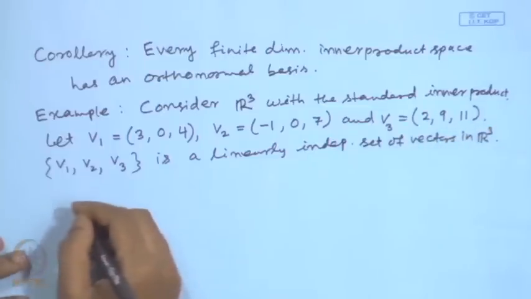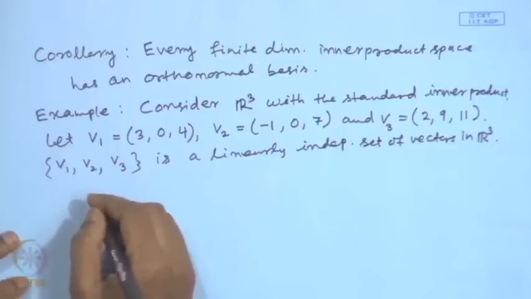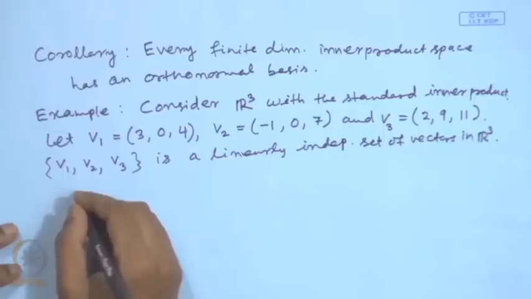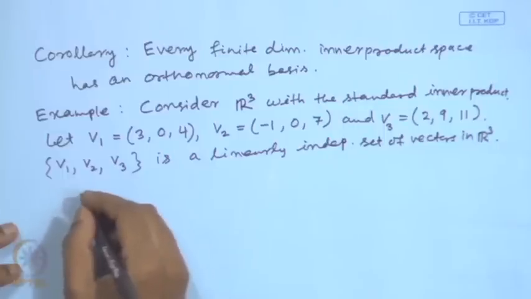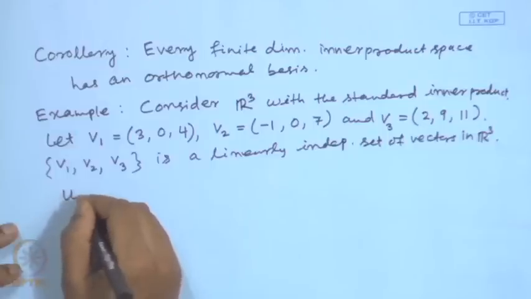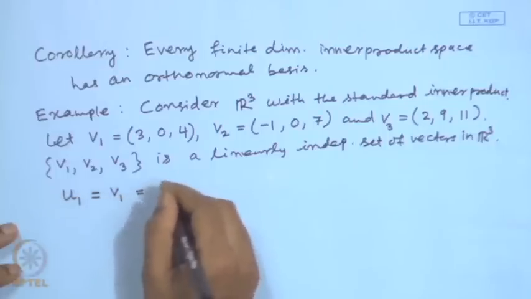Here we shall construct the corresponding orthogonal set of vectors U1, U2, U3.